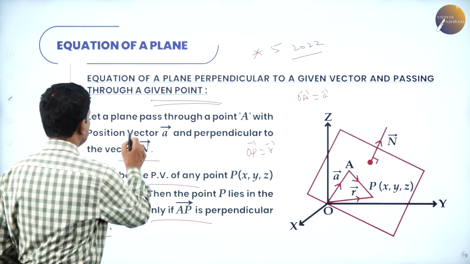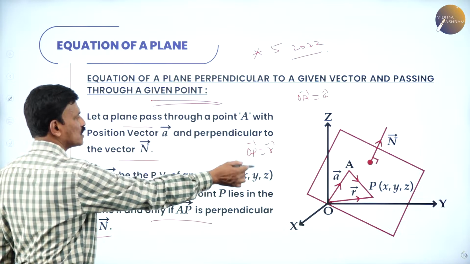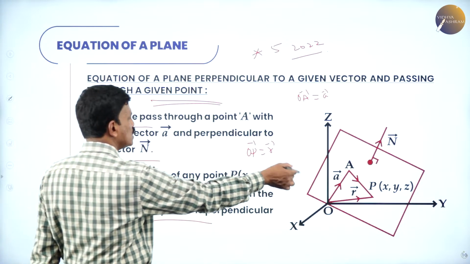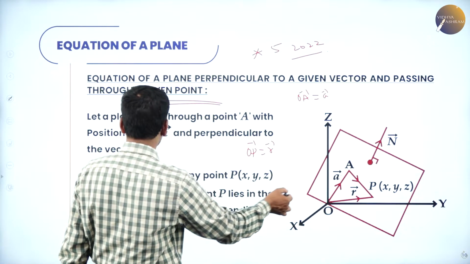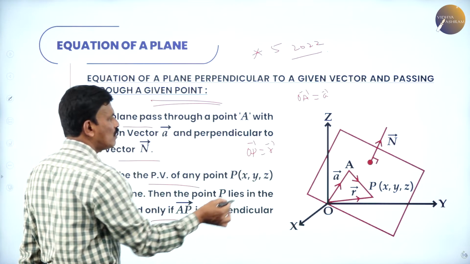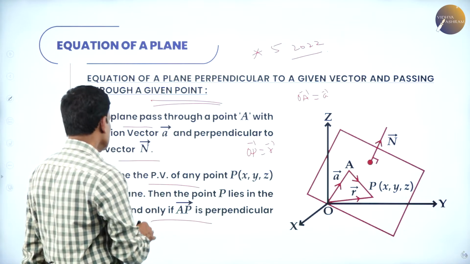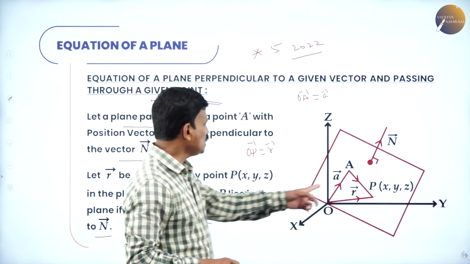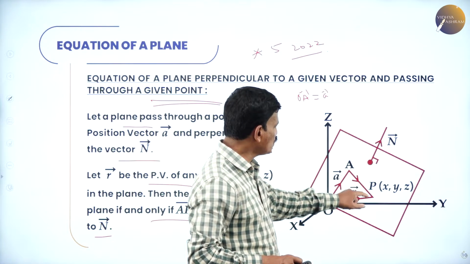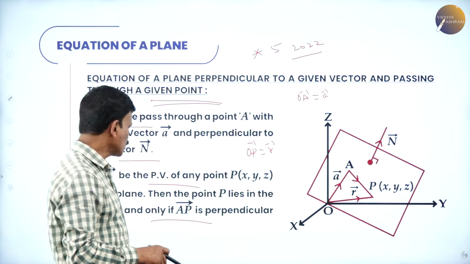Let a plane pass through a point A whose position vector is OA equal to a, and this plane is perpendicular to the vector n. Let r be the position vector of the point P(x, y, z) in the plane. The point P lies on the plane if and only if AP is perpendicular to vector n.